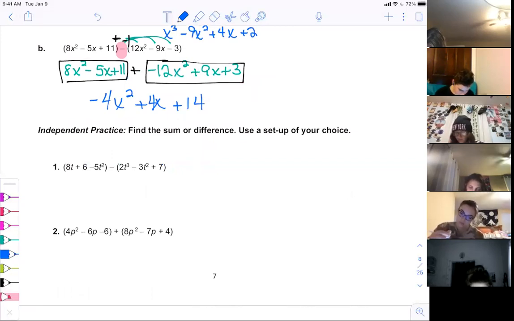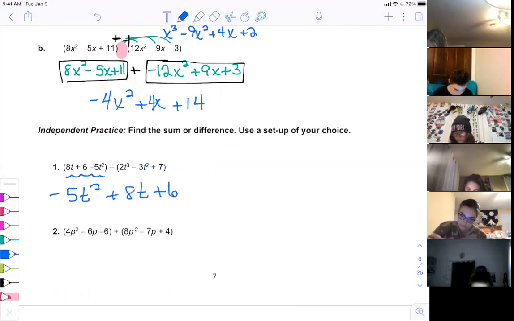Just make sure you're combining those like terms together, especially for the first one. First one is kind of written out of order. So if I were rewriting this, I would make sure that I have the polynomial written in the order of the powers, and that's how your answer should always be.